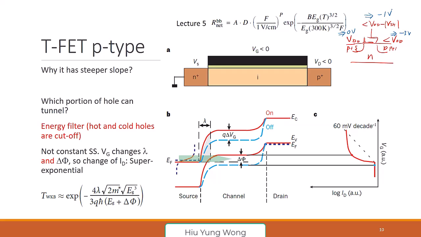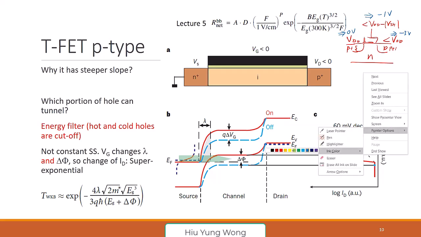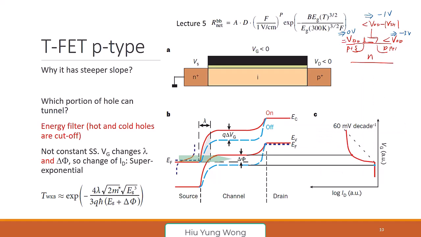You can have say, okay, this was 5 volt, right? Let's say this was 4 volt, right? And this was how many? 2 volt, right?